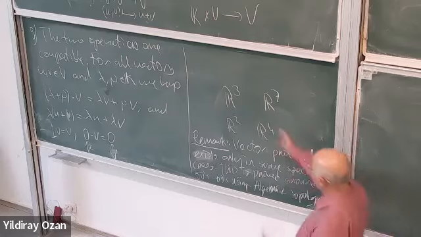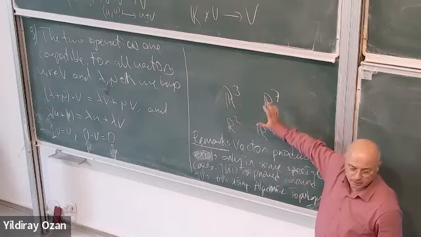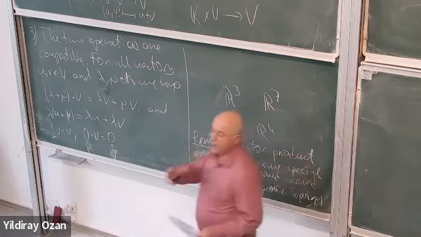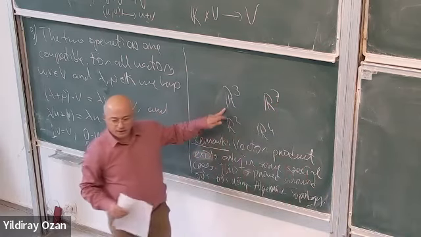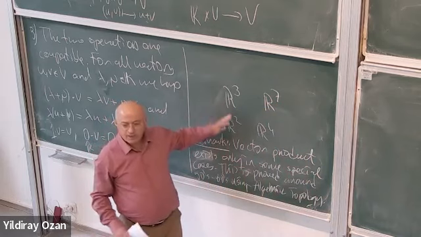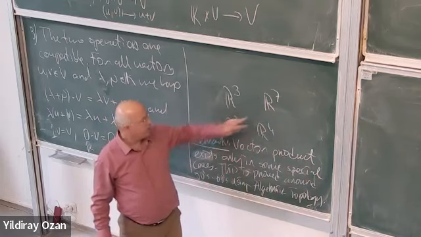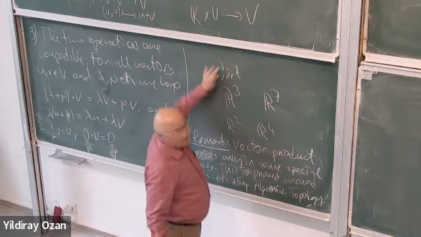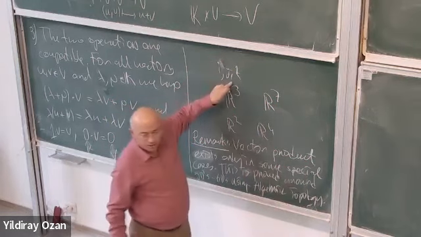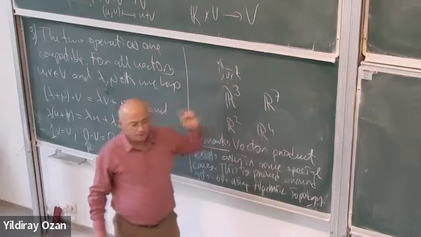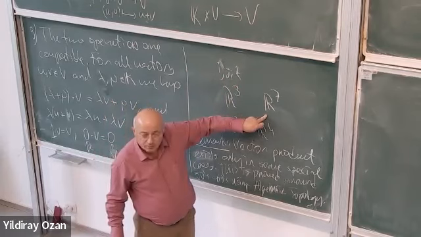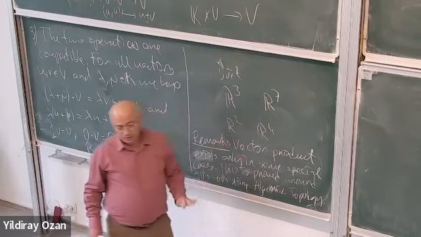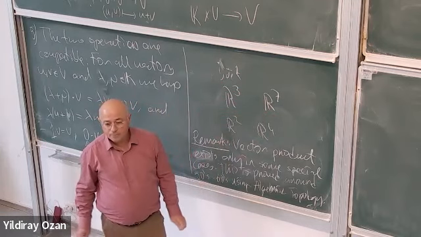I didn't tell you the exact statement, but if you look for products like the vector product in R3, it doesn't exist in general. Remember, in R3 we have i times j is k and so on. There is something similar to that in R7, and that's it.